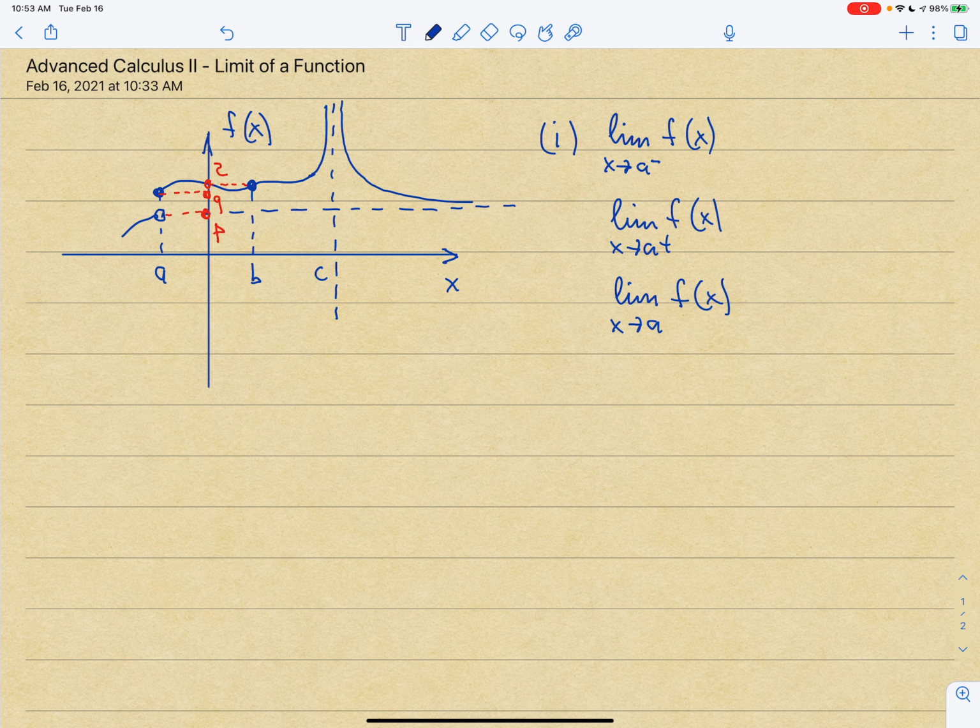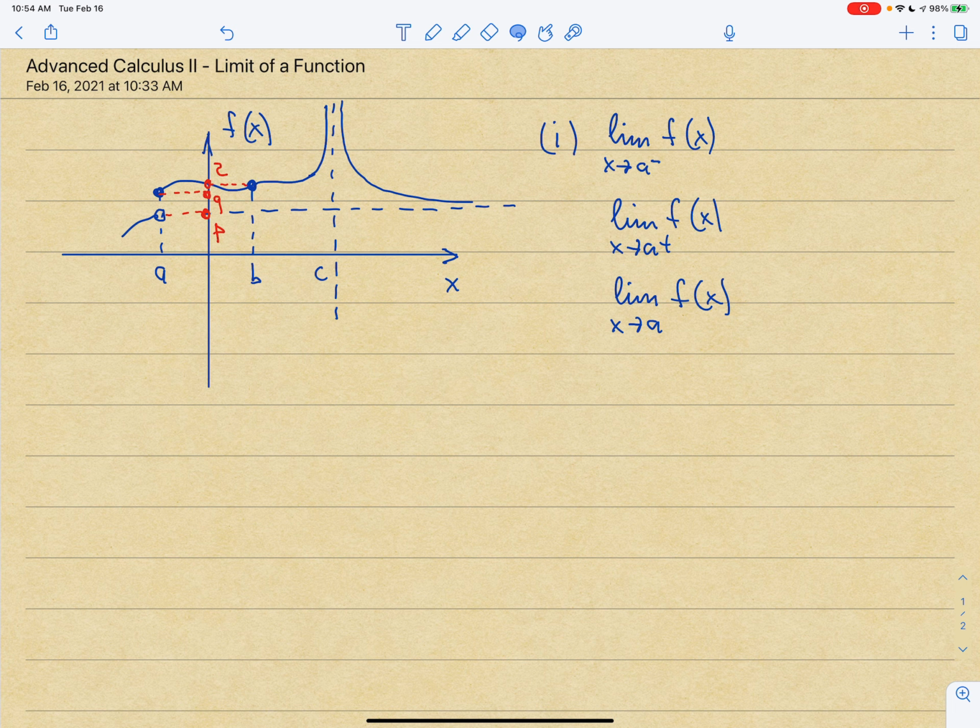So now what does a limit mean in this case? It means that as x gets closer and closer to A and stays to the left of A, then the values of f of x will, or will not, get close to some number.